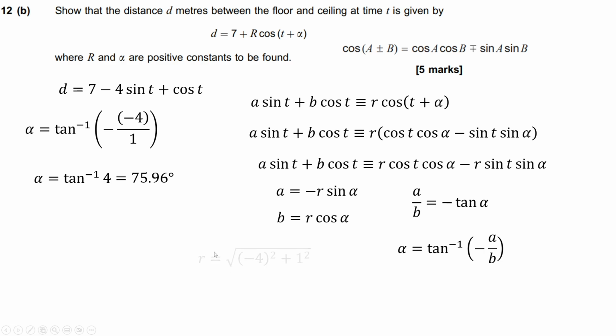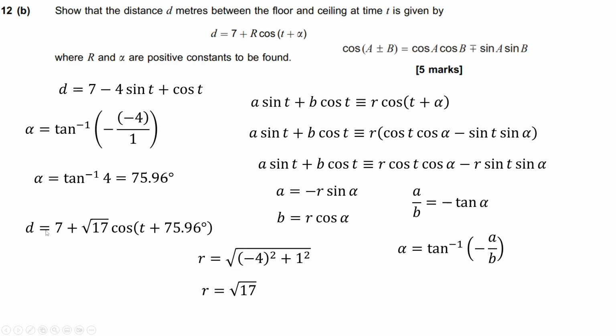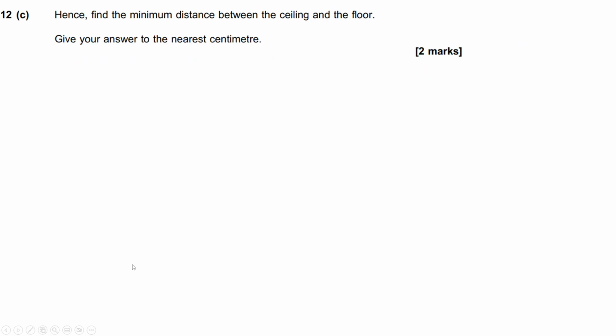You can draw yourself a triangle: if the opposite side is a and the adjacent side is b, the hypotenuse is the square root of a squared plus b squared. Hopefully that makes sense. So you just get this, and you plug r back in because it's r cosine of t plus alpha.